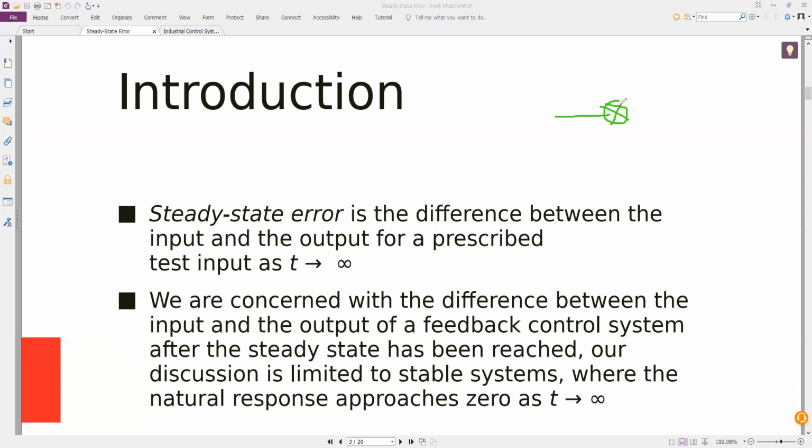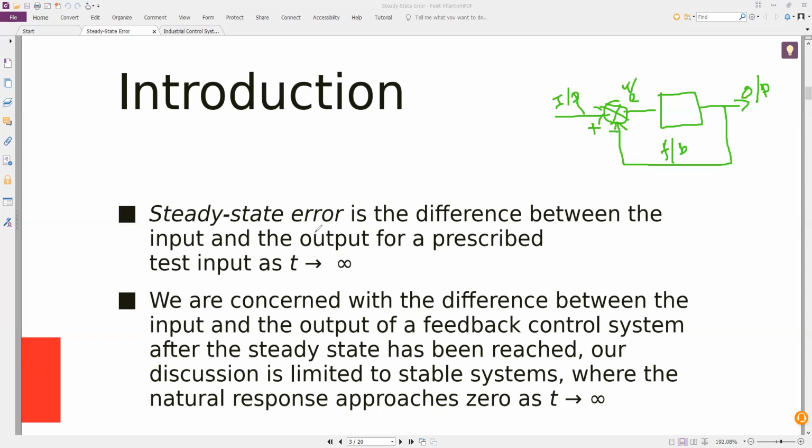If you do remember, say, a feedback control system, that is plus and that is minus. The difference between these is the error. That is the input, that is the output, and this one is the feedback. So the difference between the input and the feedback is the error.